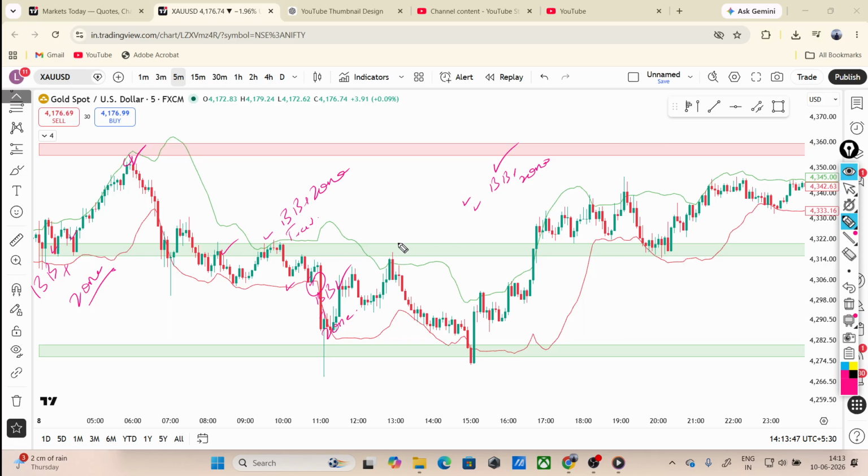One time, two time it will go long. Avoid this one. Here BB plus zone. So like this trade you can take.